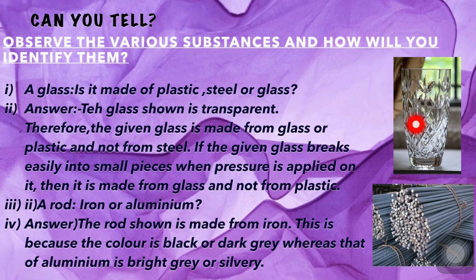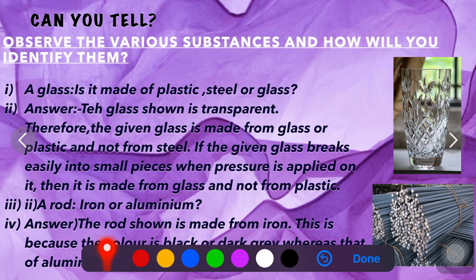If it is transparent, then it will be made from glass or plastic. Now next is to see whether it breaks into small pieces or not. If it breaks easily into small pieces, then it is made from glass, not from plastic.